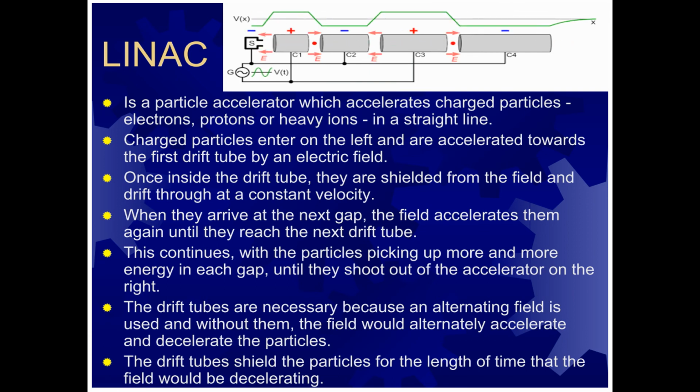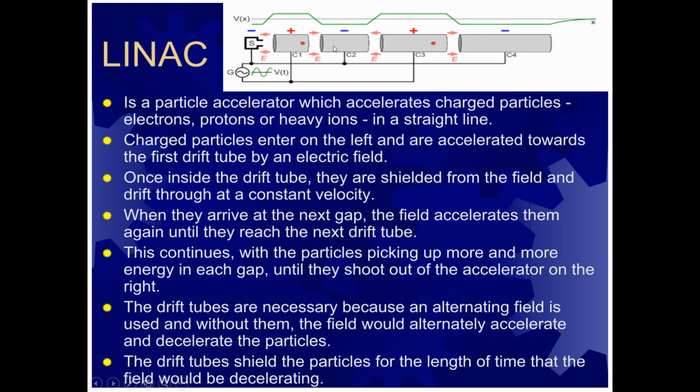When they arrive at the next gap, the field accelerates them until they reach the next drift tube. This process is continuous, with the particle picking up more and more energy at each gap.